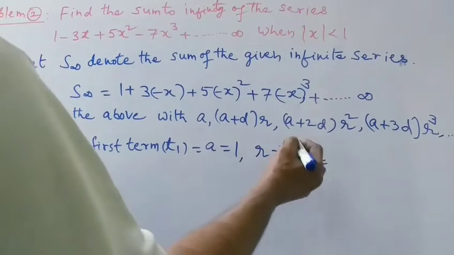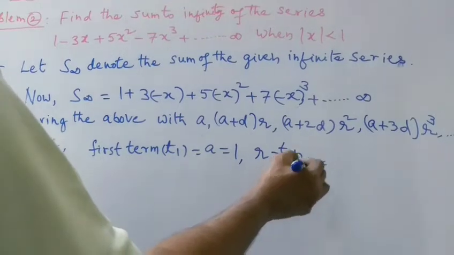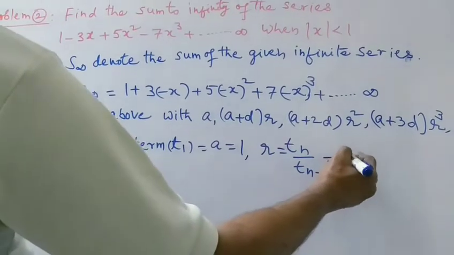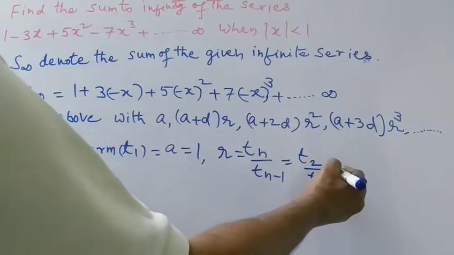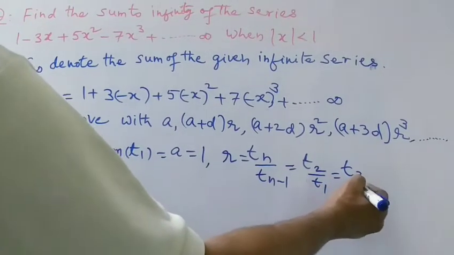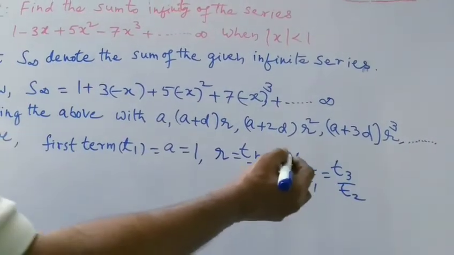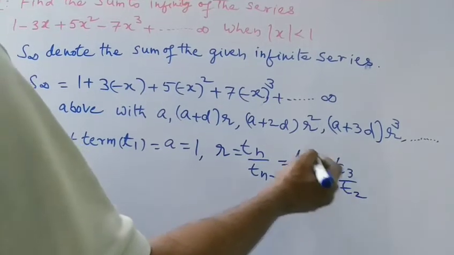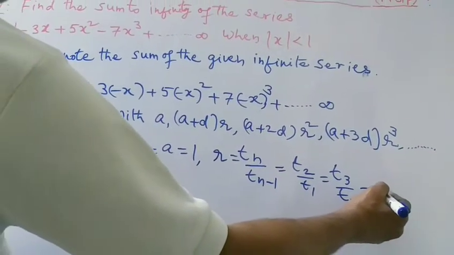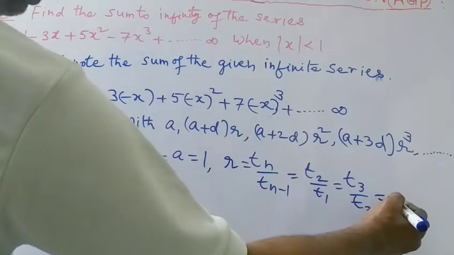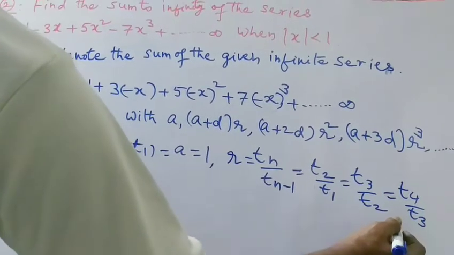So T2 by T1 is equal to T3 by T2 and so on, so T4 by T3.